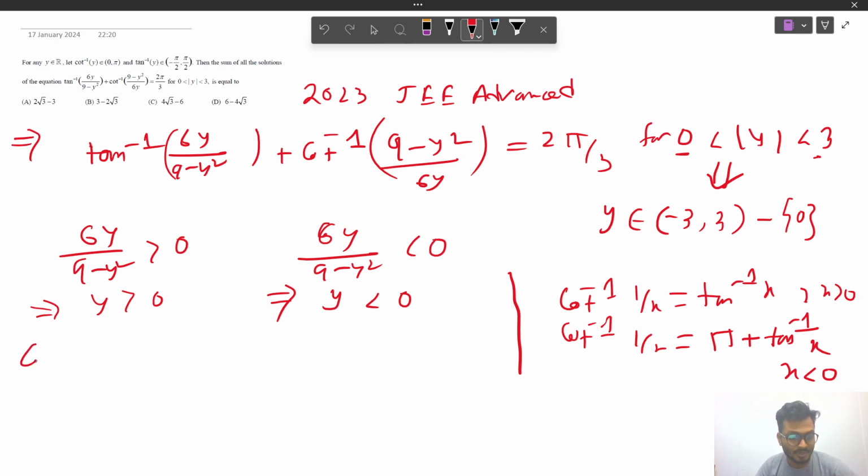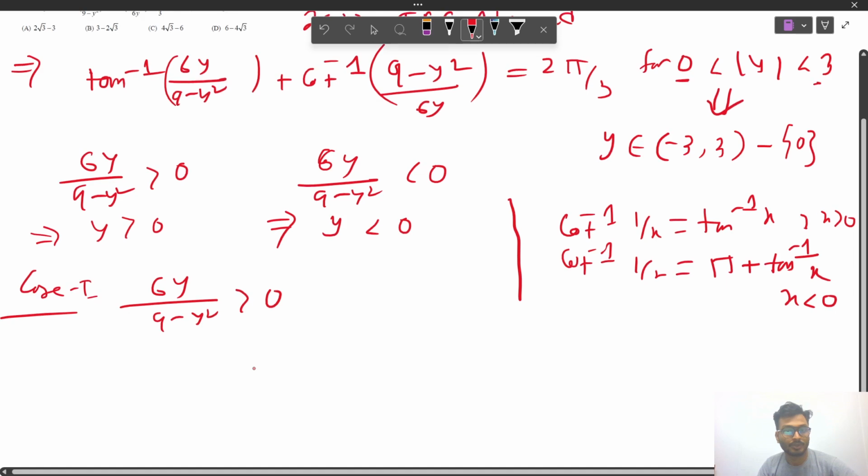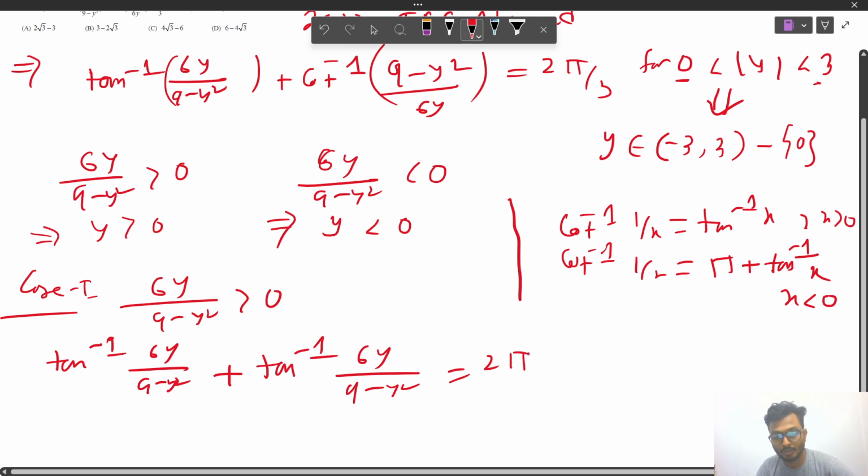So what is case 1? Let 6y by 9 minus y square be greater than 0. Then tan inverse of 6y upon 9 minus y square plus the reciprocal term, which becomes tan inverse too, equals 2 pi by 3. So 2 tan inverse of 6y upon 9 minus y square equals 2 pi by 3.